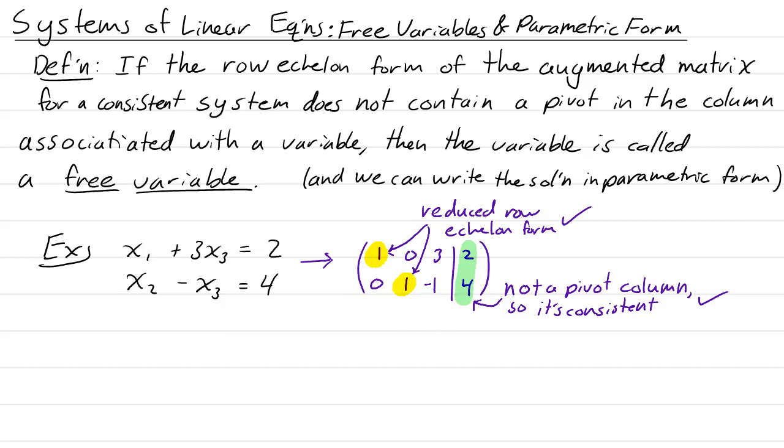So that means it's consistent. There do exist some solutions. And so now let's look at the definition again. This is the row echelon form of the augmented matrix for a consistent system, and it does not contain a pivot in the column associated with this variable, x3. So that means x3 is a free variable.